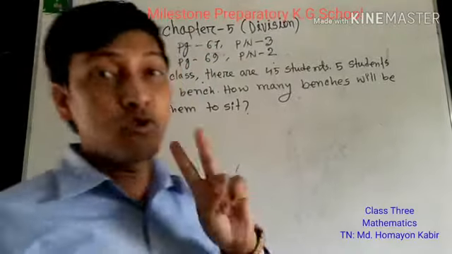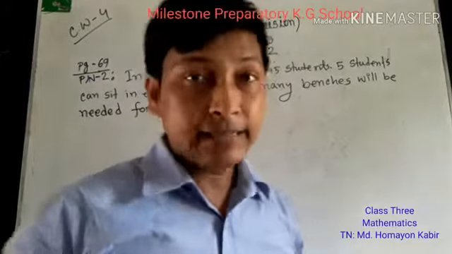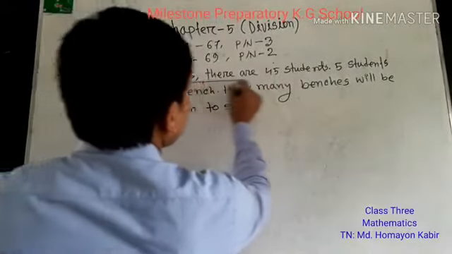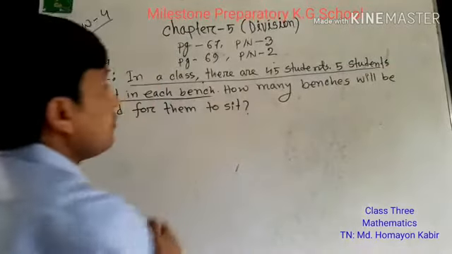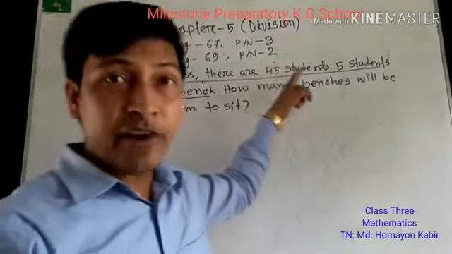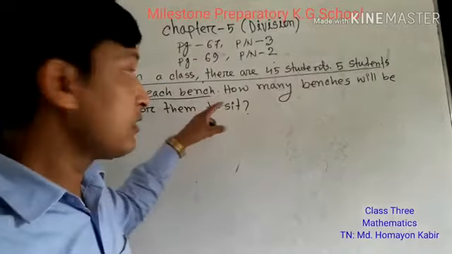So students, here are also 2 parts. One is information part, another one is asking part. Look here. This is information part. In a class there are 45 students. 5 students can sit in each bench.